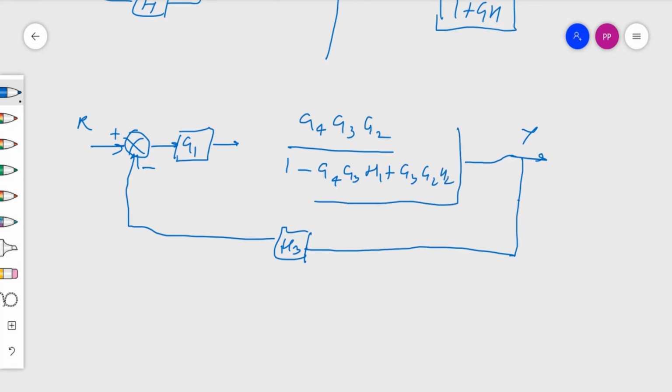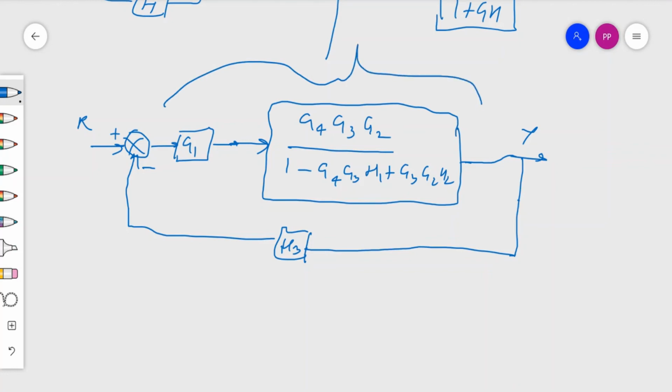This will be the complete block, and from here I can see that these two blocks can be combined together. If we combine it together, because this is the output block and this is the input block, G1 will come to the right of this, so we can write it like this. Let me remove the block.